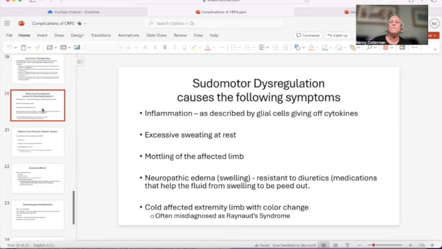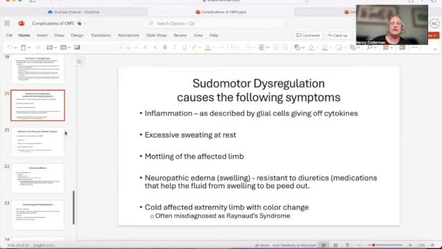Pseudomotor dysregulation causes the following symptoms: inflammation, as described by glial cells giving off cytokines; excessive sweating at rest; mottling of the affected limb; neuropathic swelling, which is resistant to diuretics, which are chemical medications that help the fluid from the swelling to come out of the tissues and into the bladder to be peed out.